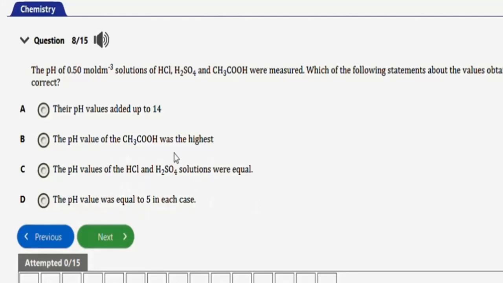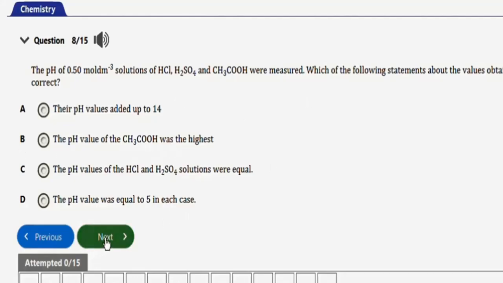This won't be correct. So the right solution would be option B, because out of these acids, hydrochloric acid is a strong acid and tetraoxosulfate(VI) acid is a strong acid, so their pH values will be very low, around 1 or 2. But ethanoic acid is a weak acid, so it has to have a pH higher than 1, 2, 3. Its pH will be around 5 or 6 thereabout. So the pH value of ethanoic acid was the highest. So the right option will be option B.